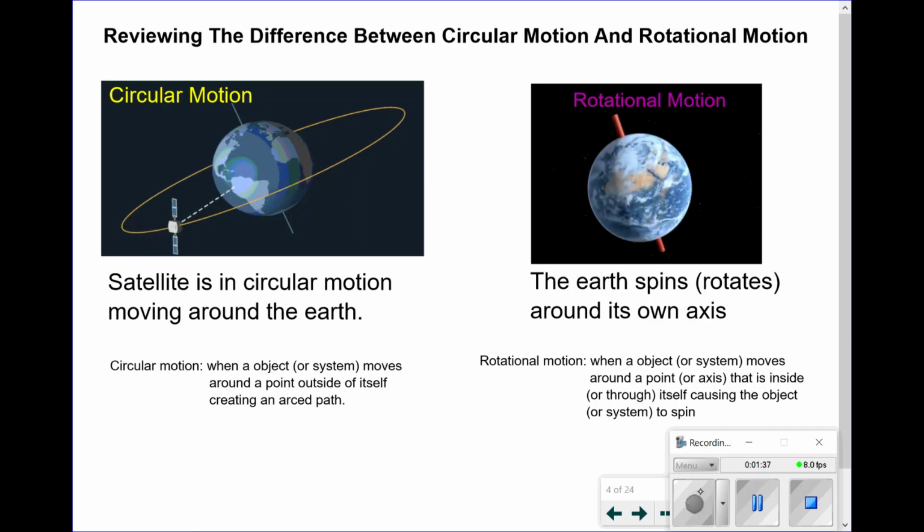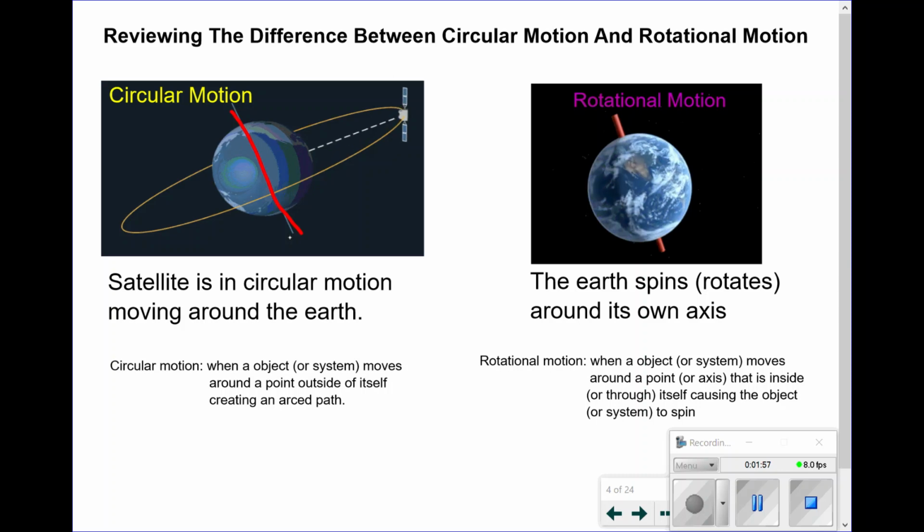We've looked at this in the past, and we're just simply refreshing this concept. When something moves in a circle, it moves around a point that's not inside them. So here we have a satellite orbiting the Earth, and the center of the satellite's motion is along the axis of the Earth itself, not through the satellite.